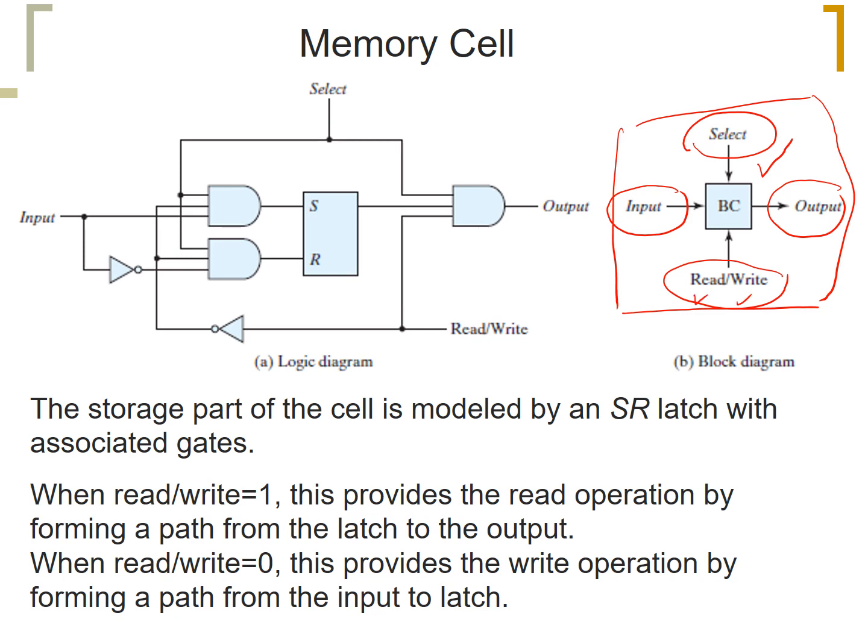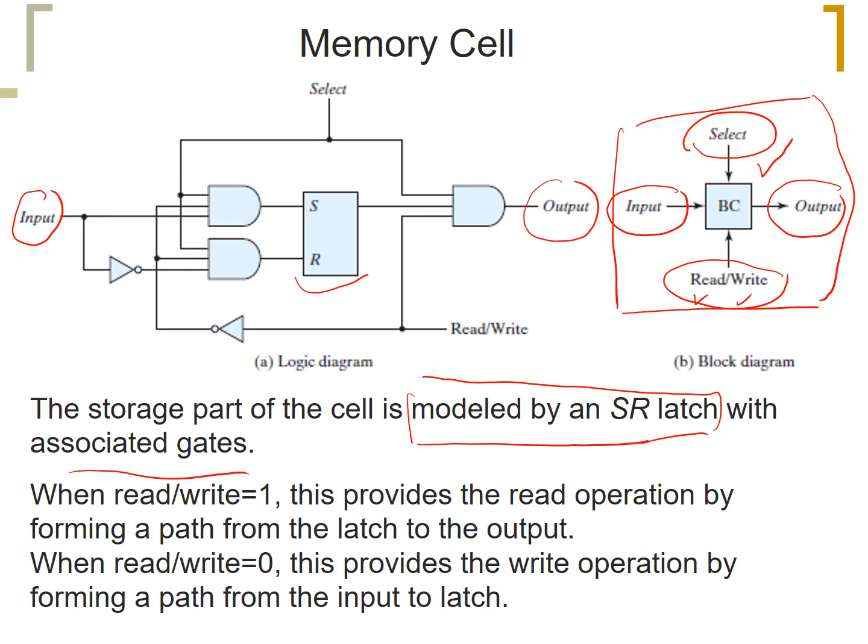The cell is constructed as follows, and it is best, in order to understand it, to model it as an SR latch with associated gates. We can see the cell here, which consists of an SR latch here, and this is the input bit in order to write into the memory, and this is the output to read from the memory, and these are the two control lines, the select line and the read write line.